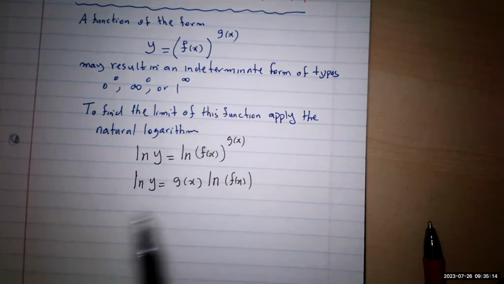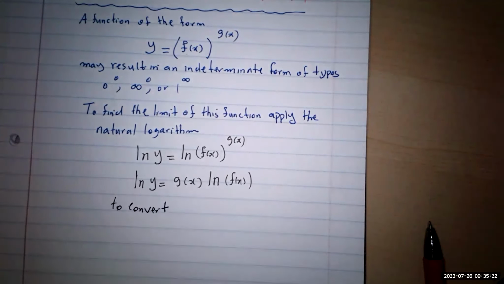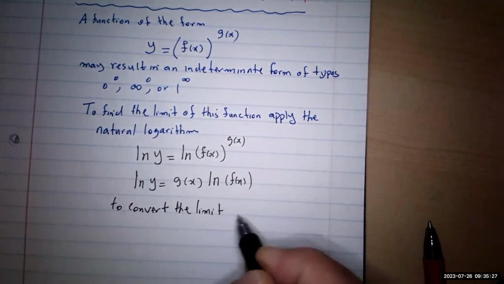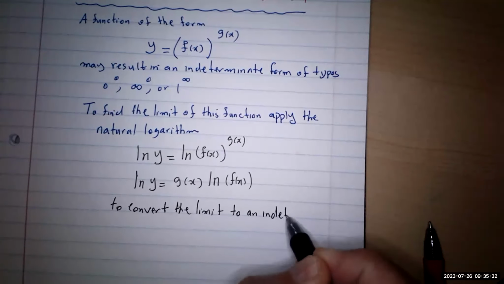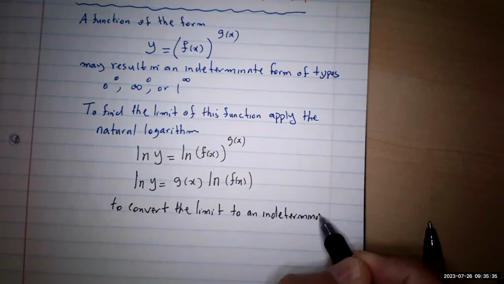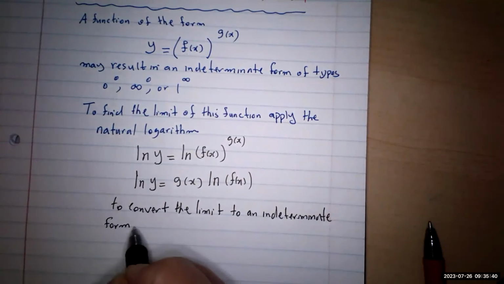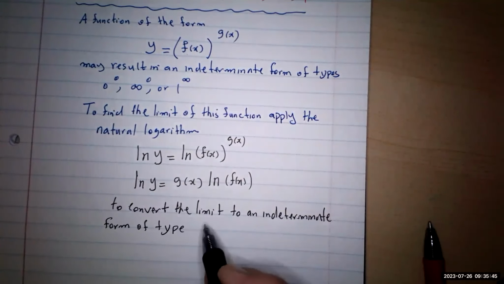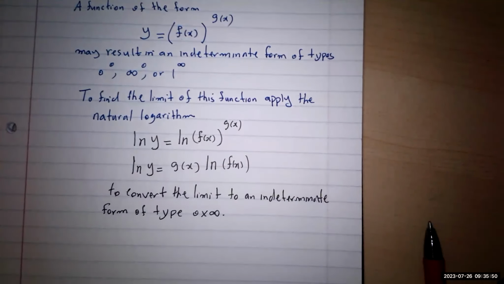Okay, so apply the natural log to convert the limit to an indeterminate form of type 0 times infinity. You see, this is the procedure that we do.